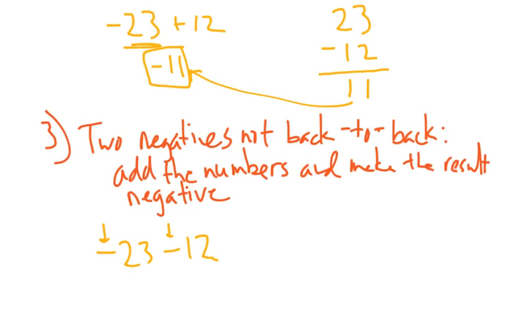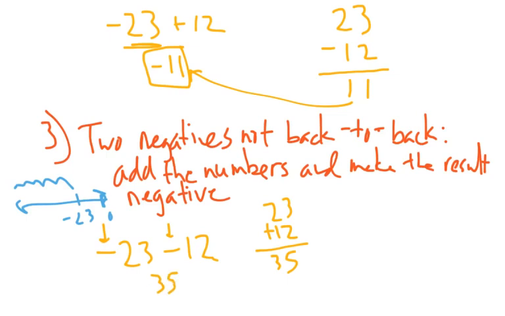The idea is, if we were on a number line, we're starting at negative 23 and we're going to go to the left 12 units. That's why we add them, because that will tell us how far we are from 0. So off to the side, I do 23 plus 12, and that gives me 35. So I know it's going to be 35, but because they're both negative, it'll be negative 35.